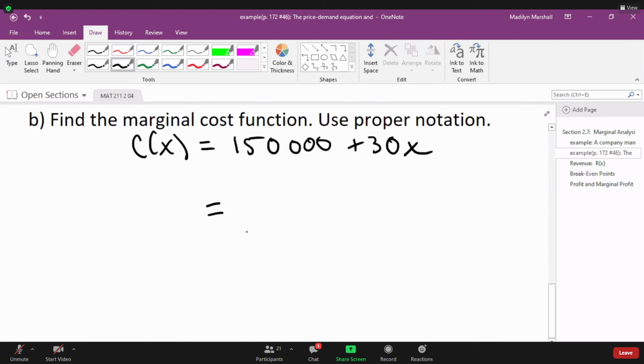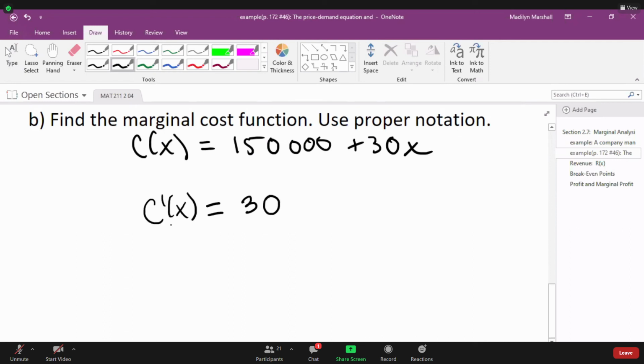What is our marginal cost here? $30. 30, exactly.